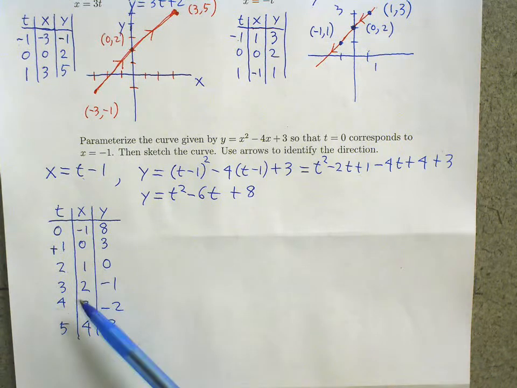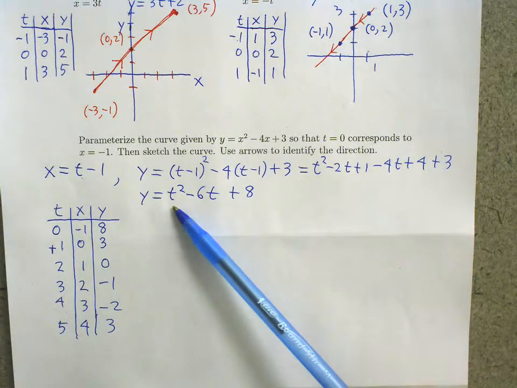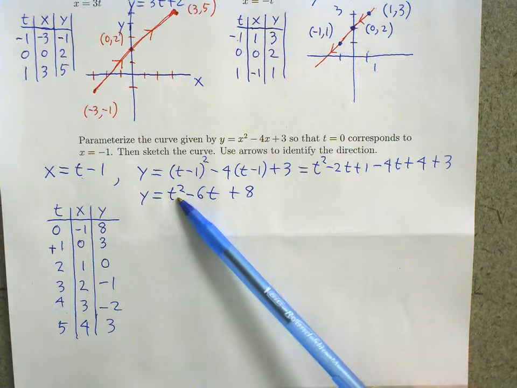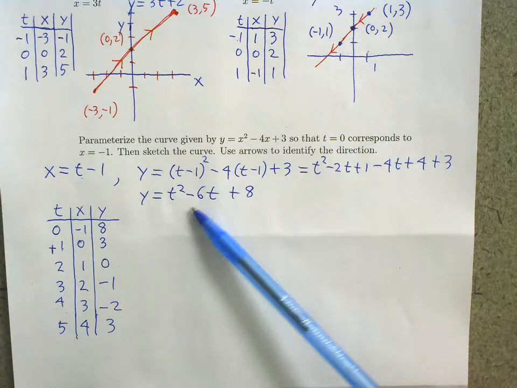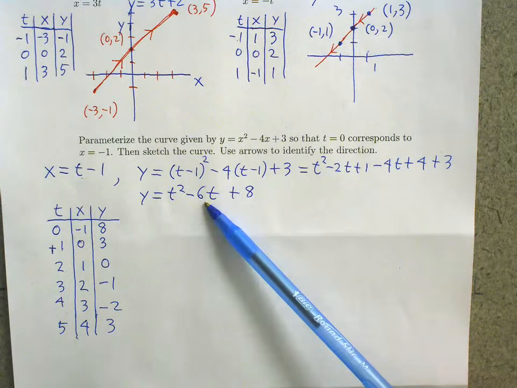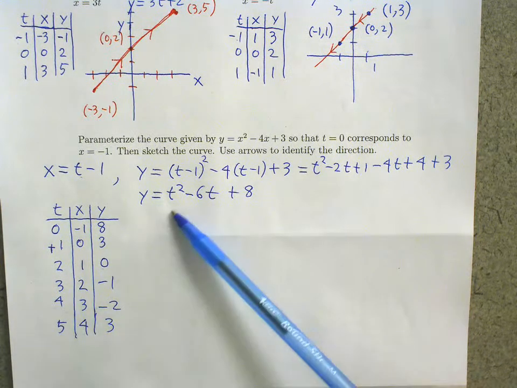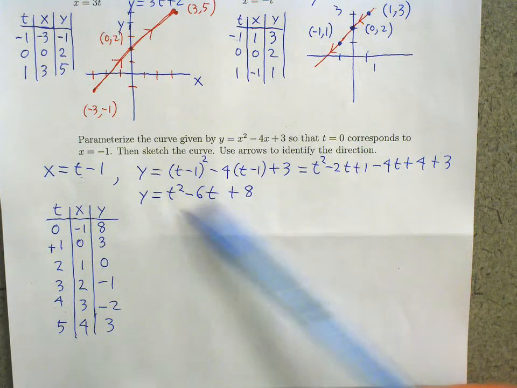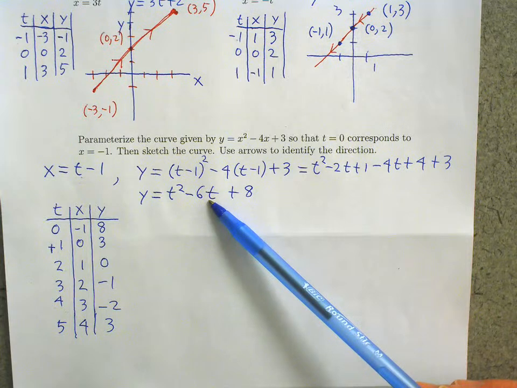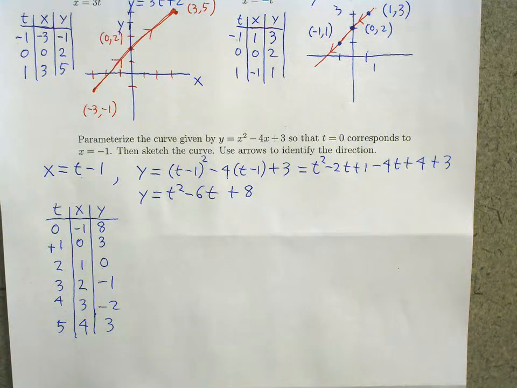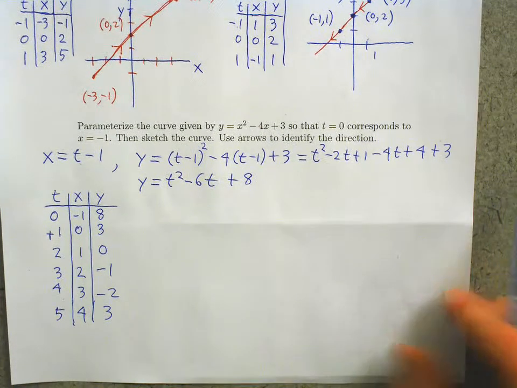Let's see. When t is 3, 9 minus 18, -9 plus 8. So that one's right. When t is 4, 16 minus 24 is negative 10. Negative 10 plus 8 is negative 2. So something doesn't look right.